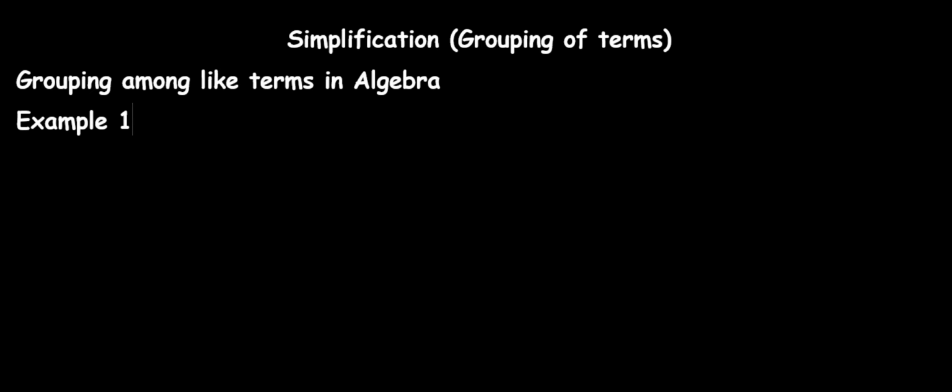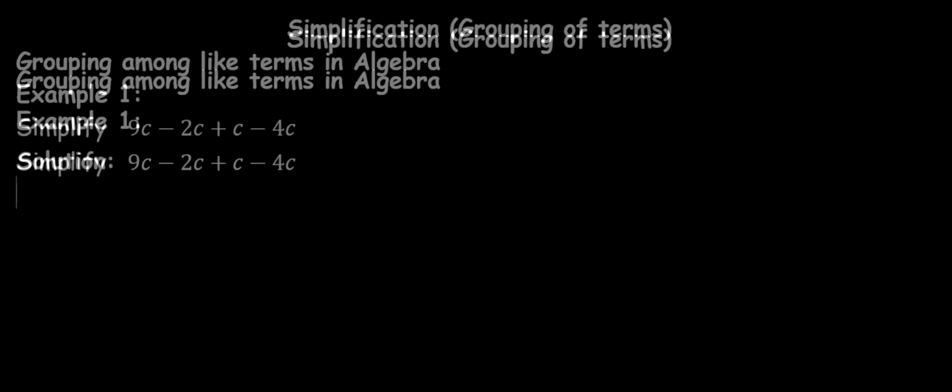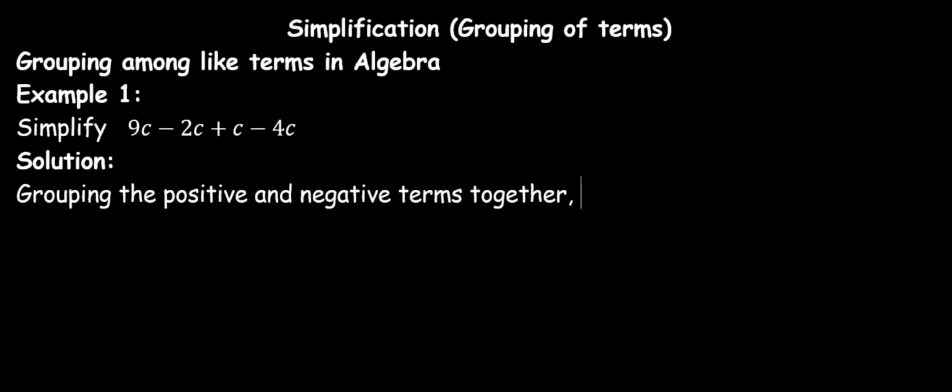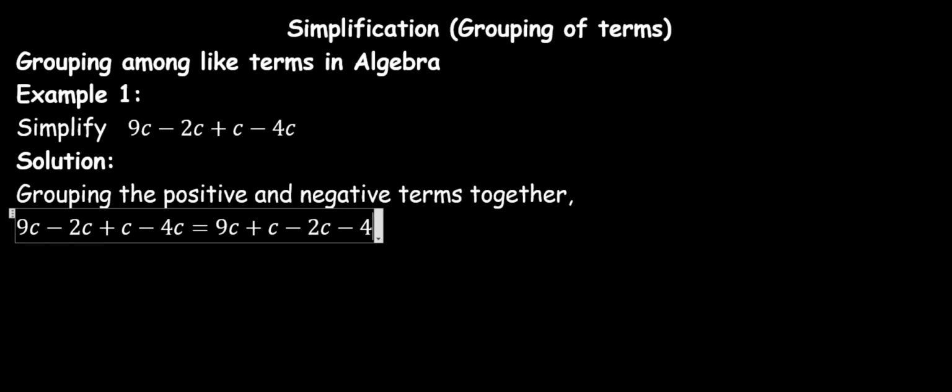Example 1. Simplify 9c minus 2c plus c minus 4c. Solution. Grouping the positive and negative terms together, we have 9c minus 2c plus c minus 4c will be equals to 9c plus c minus 2c minus 4c.